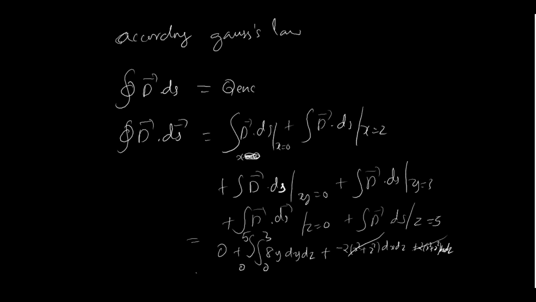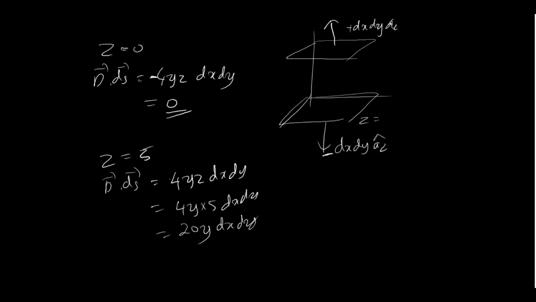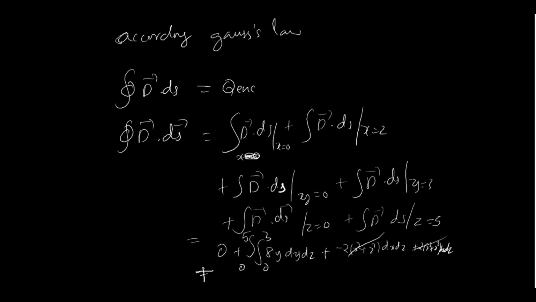And next is z is equal to 0: plus, at z is equal to 0 it is 0. At z is equal to 5 it is 20y dx dy. So 0 plus integral 20y dx dy.